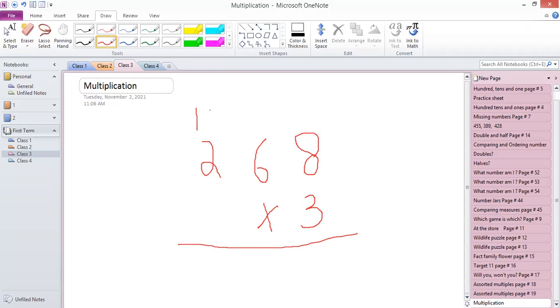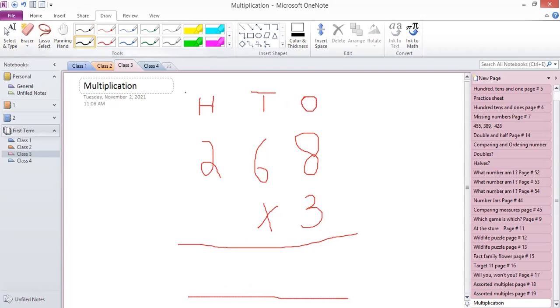In 268, the place of 2 is hundreds, the place of 6 is tens, and the place of 8 is ones. So you have to multiply 268 by 3.